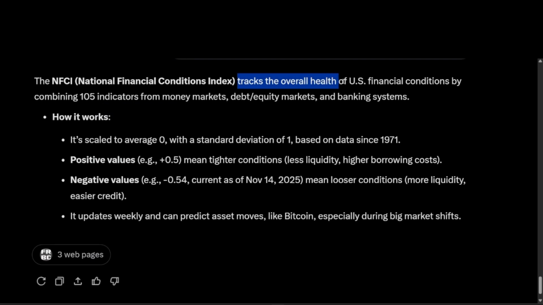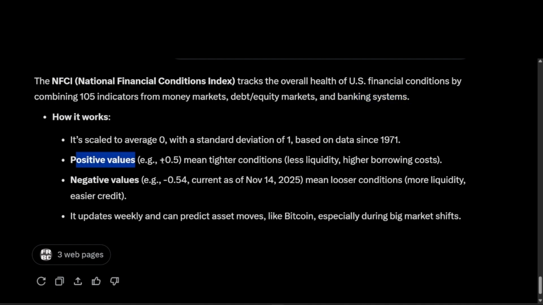It tracks the overall health of US financial conditions by combining 105 indicators: money markets, debt and equity markets, banking systems, etc. How does it work? It's scaled to average 0 with a standard deviation of 1 based on data since 1971.